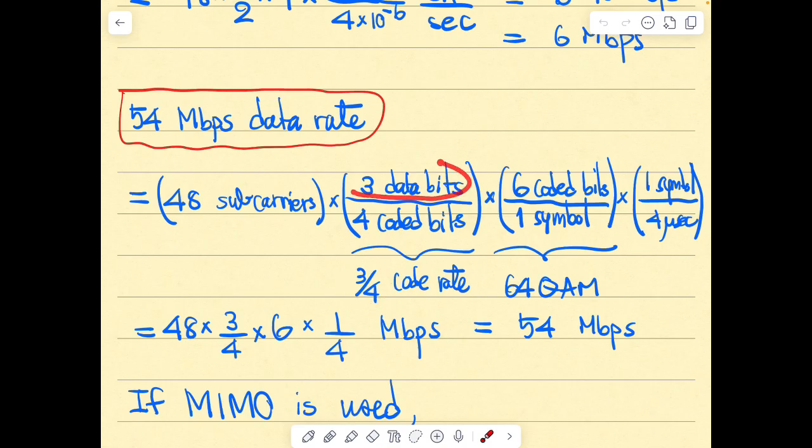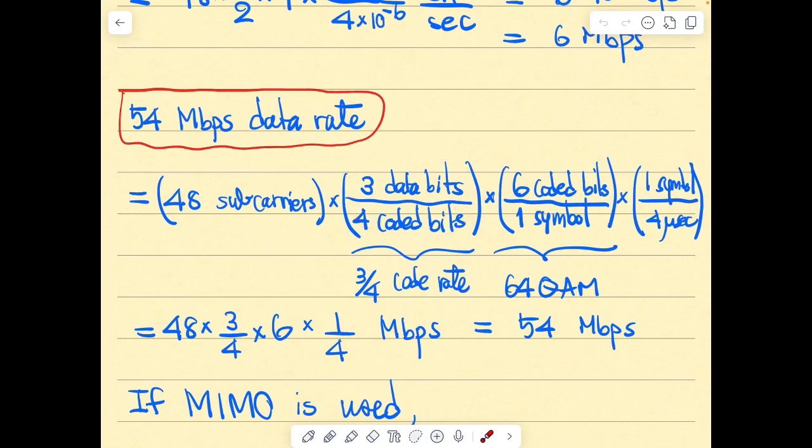That means for 3 data bits, there are 4 coded bits. So there is 1 bit for redundancy, or 25% used for error correction or error detection.